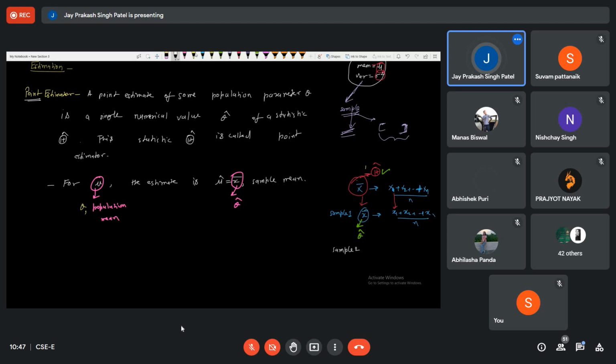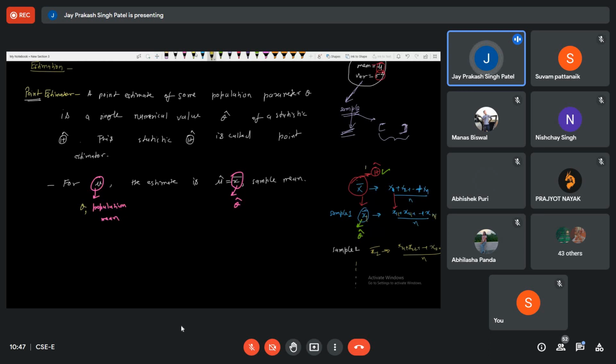Similarly, when we draw second sample, let's say sample 2, we get another mean this time, right? Let us call this x1 bar. So I will get x2 bar, which will also estimate the population mean. So it will be equal to x21 plus x22 plus x2n divided by n.